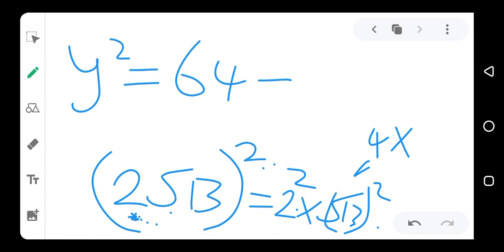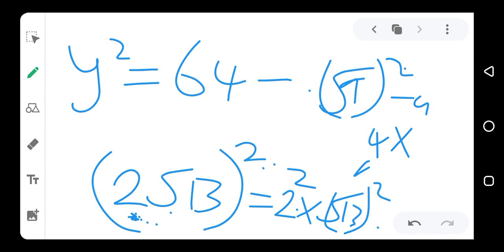Root 13 squared, like I've said before, anytime you see a root a squared, this power will cancel the roots to give you a. If you have b here, the power will cancel the roots to give you b.